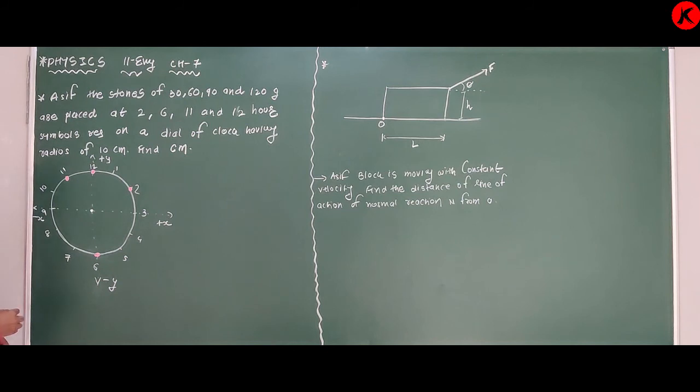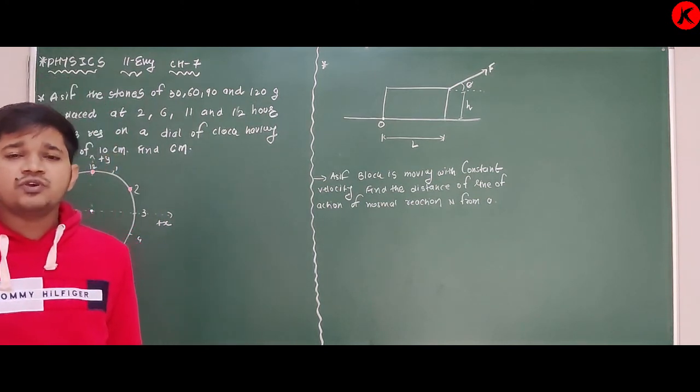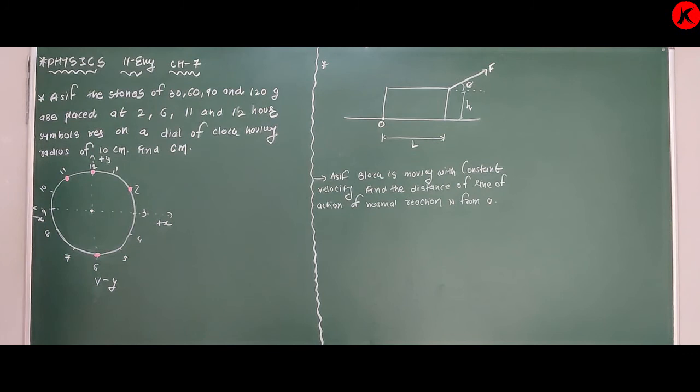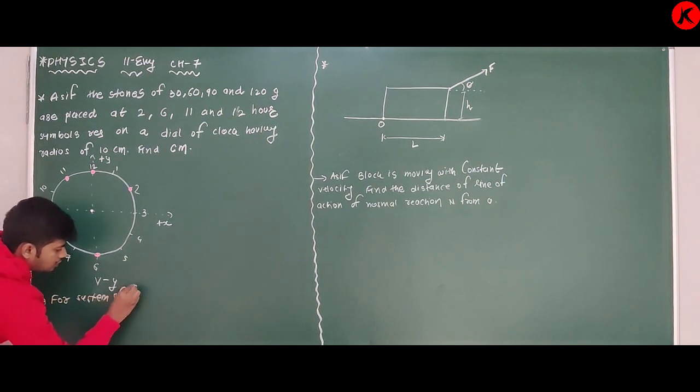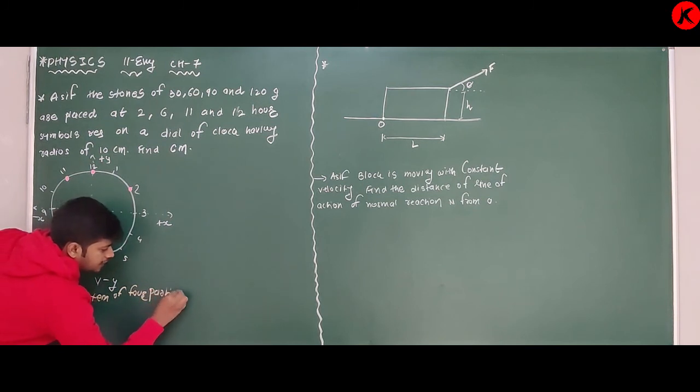Okay, chalo. Have to write data first of all. As you are given 4 stones having masses 30, 60, 90 and 120 gram. What is equation of center of mass for this system? Yes, for system of 4 particles.